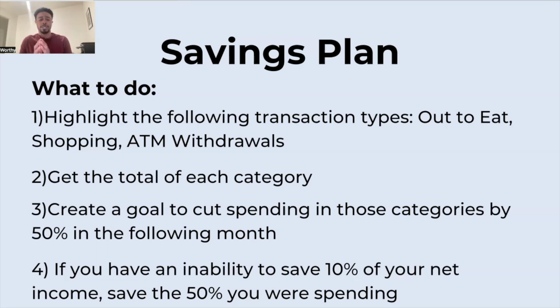And I say that because, or a vending machine tray, all of those would be considered out to eat because you didn't plan ahead. You had no plan, as it says there, savings plan. You didn't have a plan, so it wasn't a part of your groceries. So again, your out to eat are those type of examples.